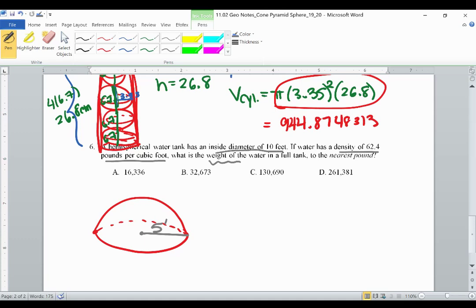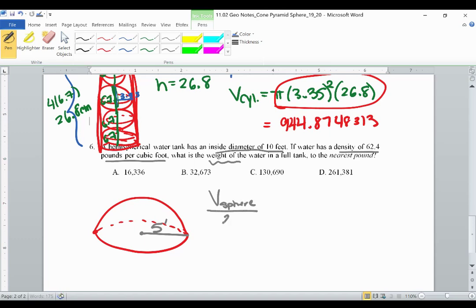Okay, so here we are given this tank. We know the density of the water. We want to find the weight of the water in this tank. So first we need to figure out the volume of the water in that tank. We only know the volume of a sphere, but a hemisphere is half that.